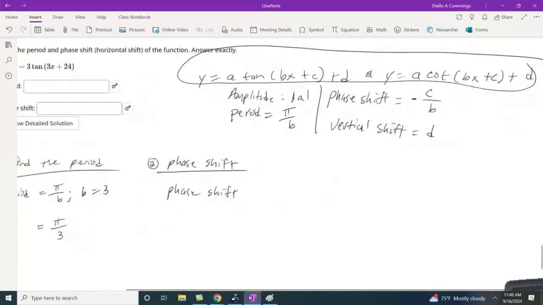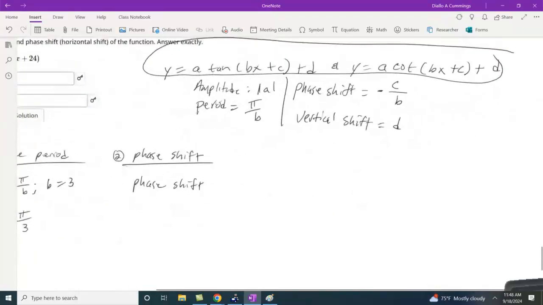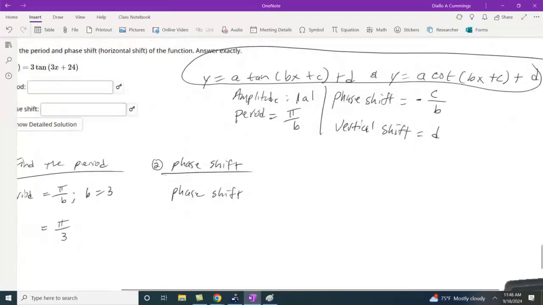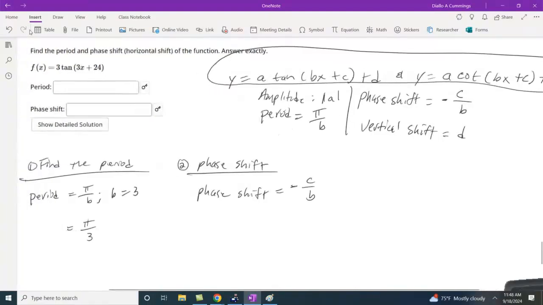Okay, and I want to shrink this up a little bit. All right, if we find the phase shift, that's going to equal negative c over b. So if I align this model form to my problem, c is going to be 24. b is going to be 3.